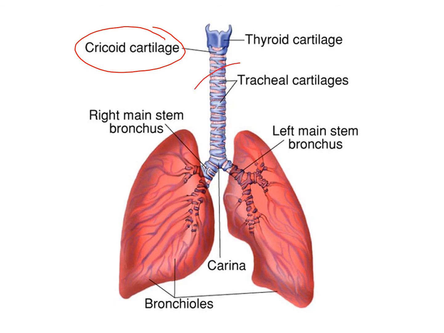All the other ones are incomplete posteriorly because, remember, what anatomically sits behind the trachea? The esophagus. We need the esophagus to be able to expand and collapse to allow food and water to go into our stomach, so all the rest of the trachea has incomplete rings in the back. There's only one complete ring, the cricoid cartilage.